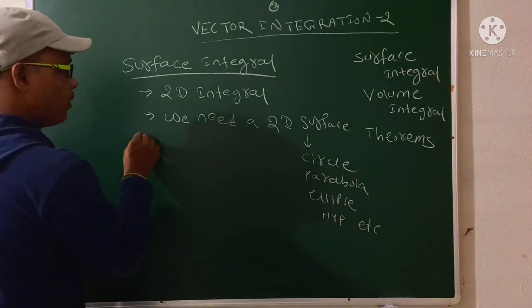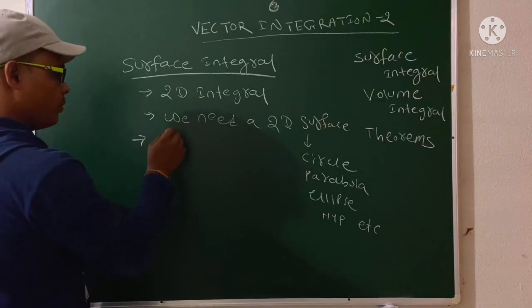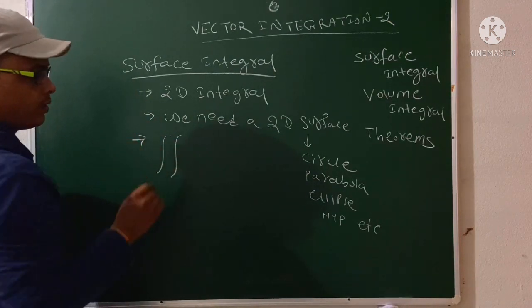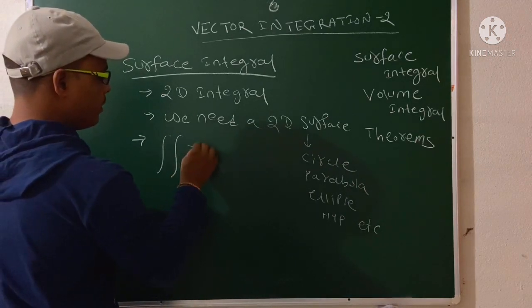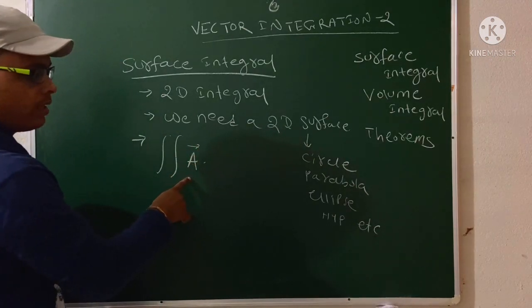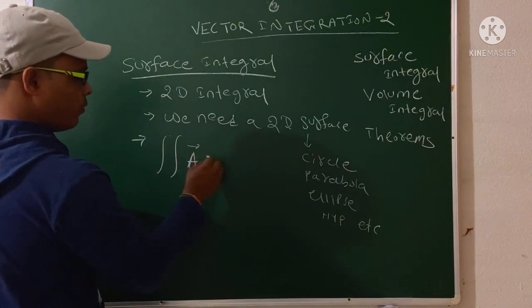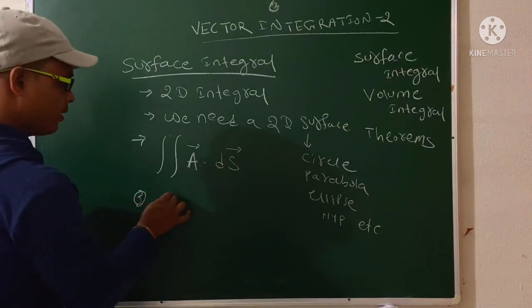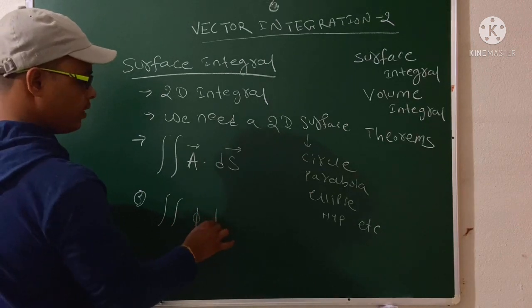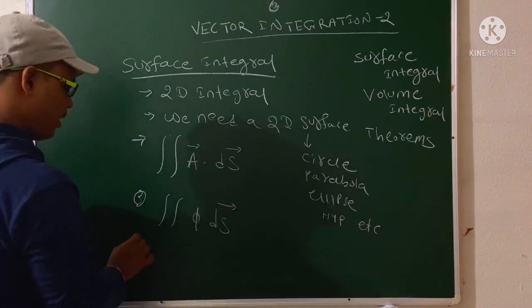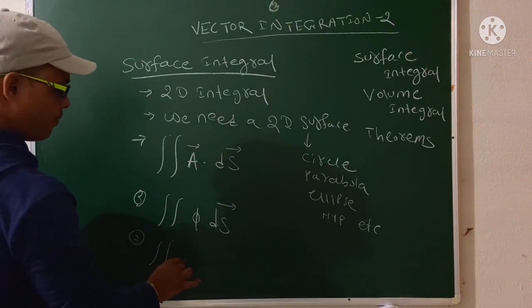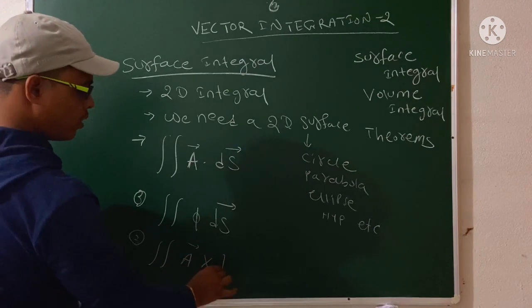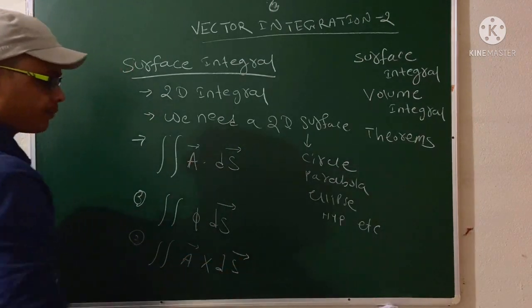So how do we represent the surface integral? If a vector field A is given to you, we can calculate the integral of A vector dot dS vector; the second one is the scalar field with the dS vector; and the third one is the vector field cross product with the dS vector.